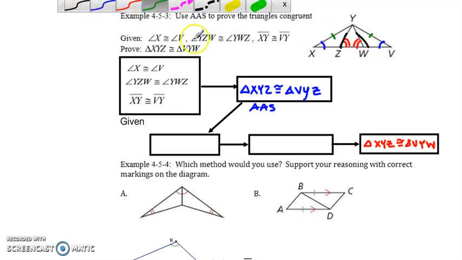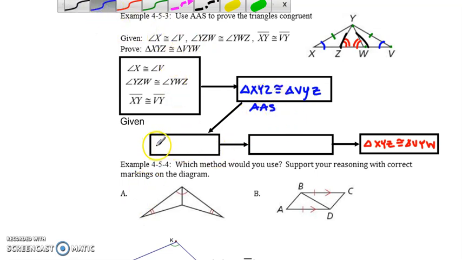Okay, so triangle VYW is this one right here, and we want XYZ. So these outer triangles we're trying to prove. We've already proved these triangles. Now we're trying to prove these smaller end triangles. So now let's go from angle, side.